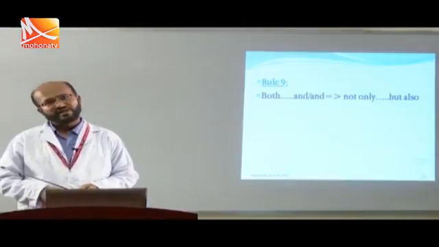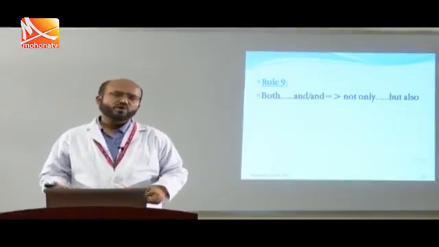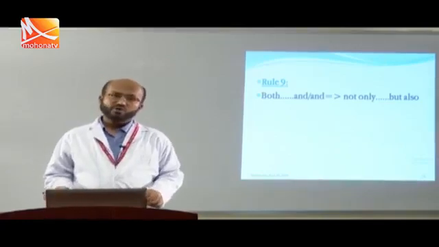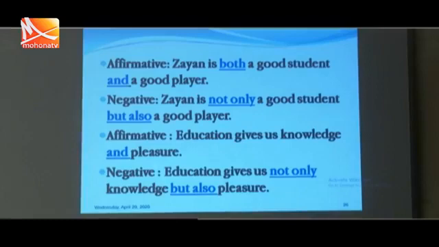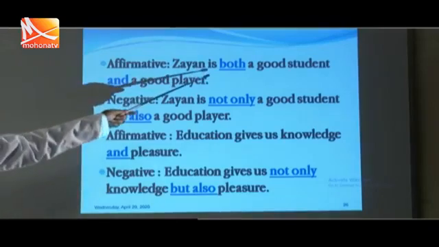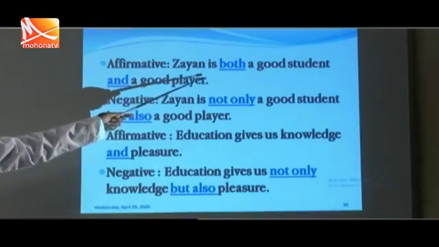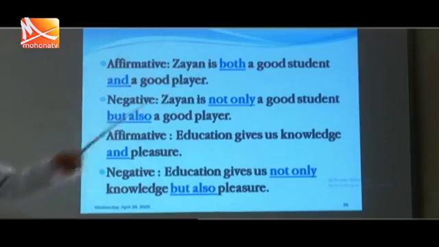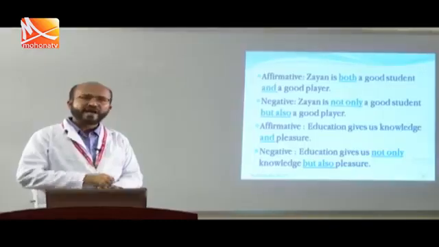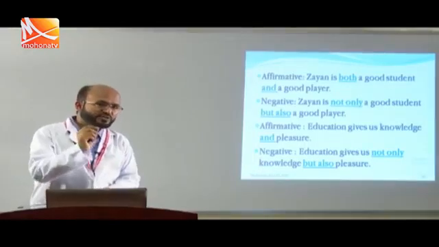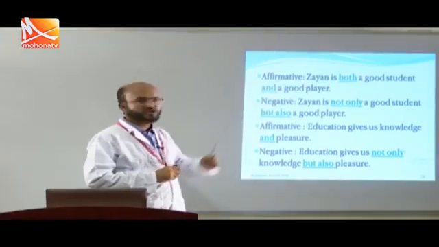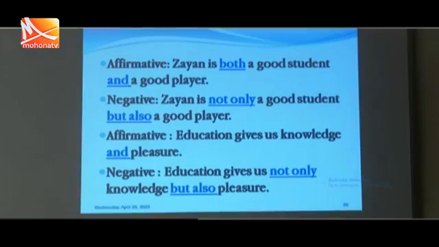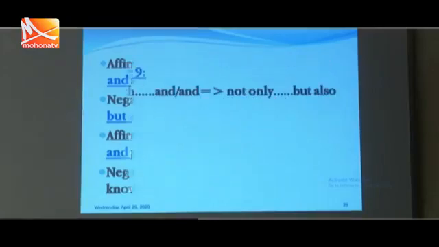Both... and, or if it is only... and. Not only, but also. Here we can say affirmative: Zion is both, you see here, both, the underlined word, a good student and a good player. So here he is, both and. So I told you before, what will be that?